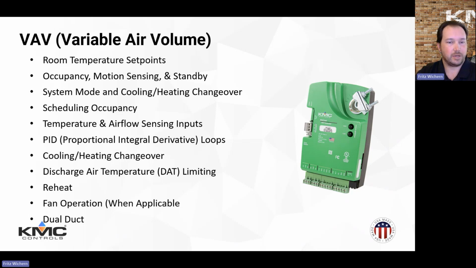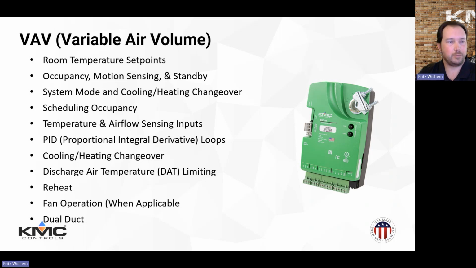Our temperature sensor and airflow inputs, a little bit different. With these, we're going to be using pickup tubes to measure airflow with our high and low. And that's added there. If you had a discharge air temp, is required for heating applications, as well as mode change determination there.